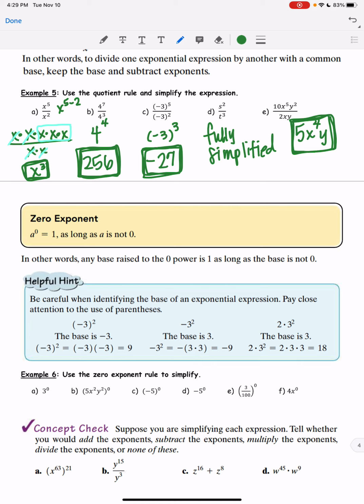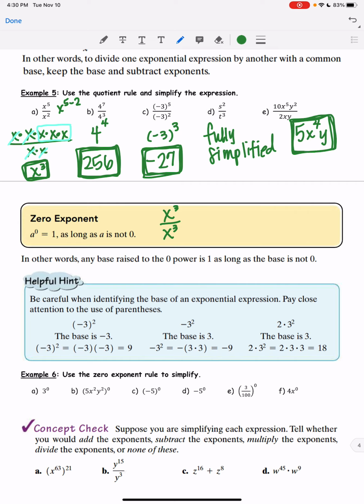And again, the reason is, if I have x cubed over x cubed, you have the same thing on top as you do on the bottom. What does that always equal? That always equals 1, right? 5 divided by 5 is 1. 10 divided by 10 is 1.